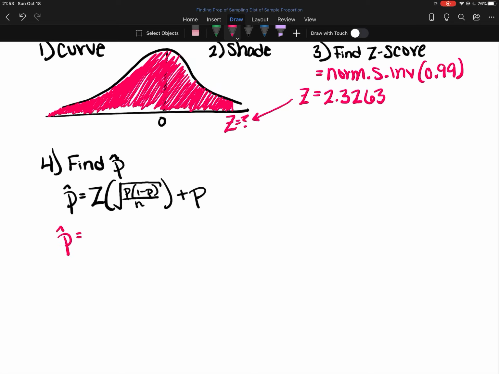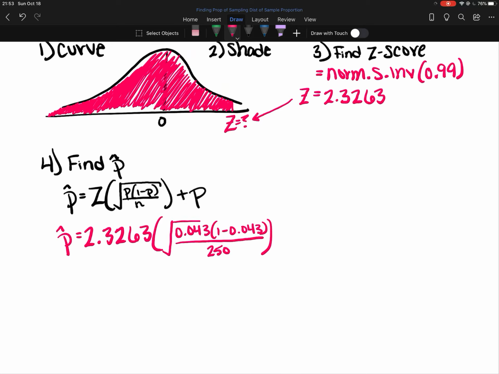So p hat equals our z-score, the value that we found in step 3, times the square root of 0.043 times 1 minus 0.043, divided by 250. We take the square root of that, and then we add 0.043 to that. Be very careful plugging all of this into your calculators. I'm going to do the standard deviation first.